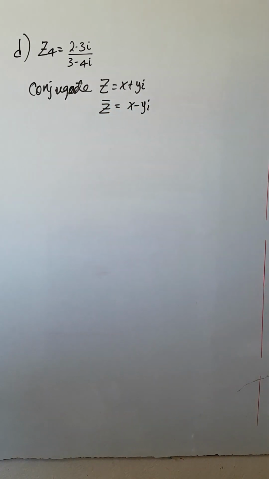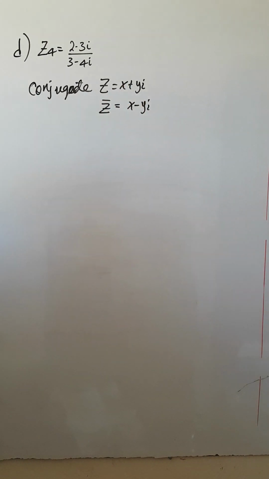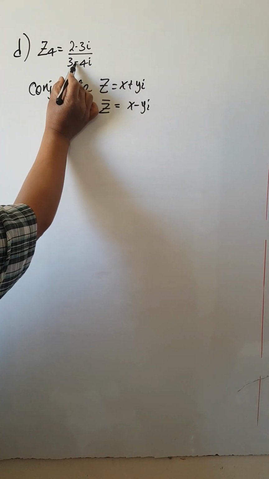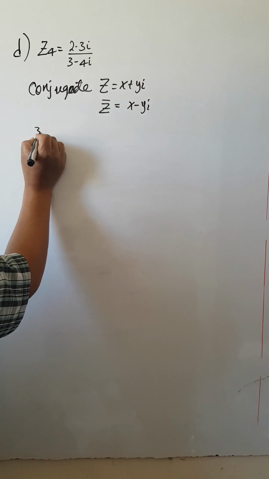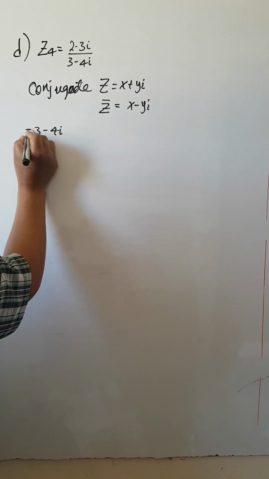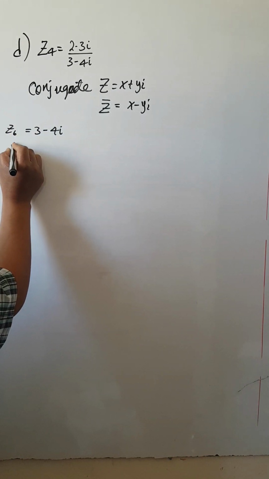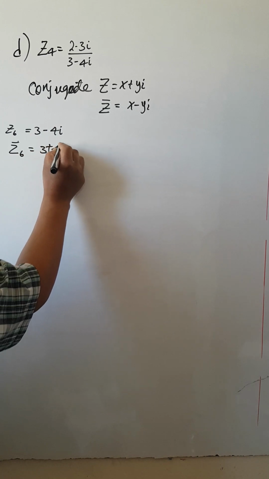We simply change the sign of the coefficient of the imaginary part. If we have, let's say, 3 minus 4i, which is z6, then the conjugate of z6 is equal to 3 plus 4i.